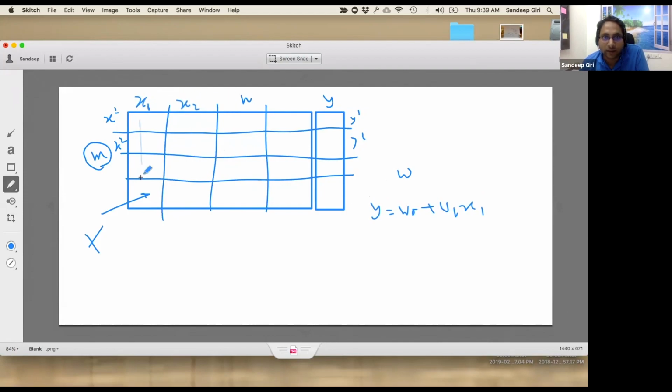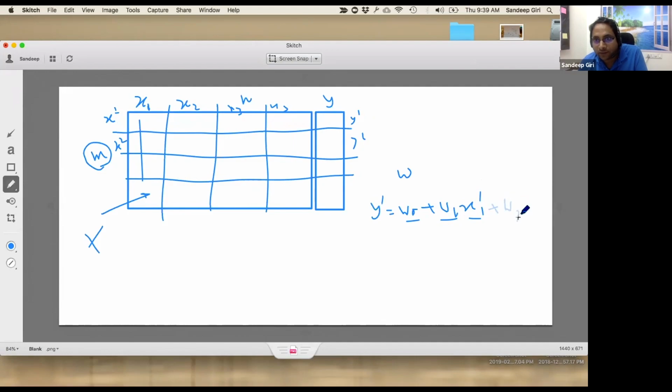This is one column, this is another column, this is another column. So the outcome y equals w naught plus w1 x1. Also notice that if we have to be really correct, we have to say y1 equals w naught plus w1 x1 with the superscript at the top. We are talking about the first row.